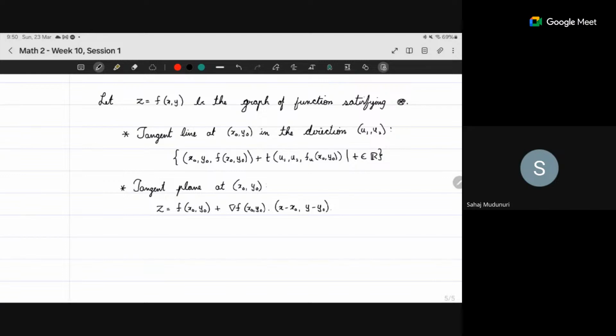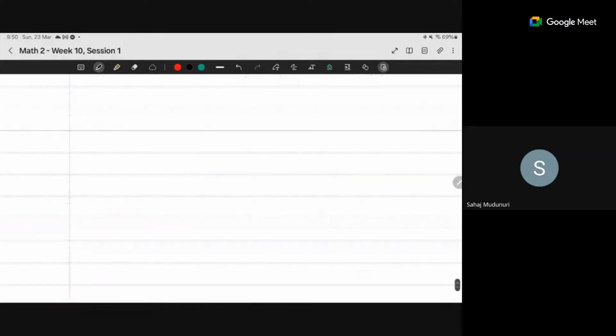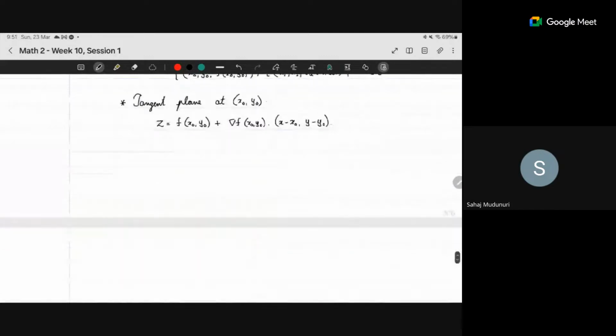And the same formula holds for higher dimensions as well, with obvious changes. So here you will have x tilde. I'll just write it separately over here, but it is not much different.